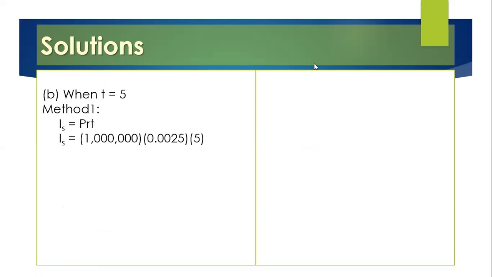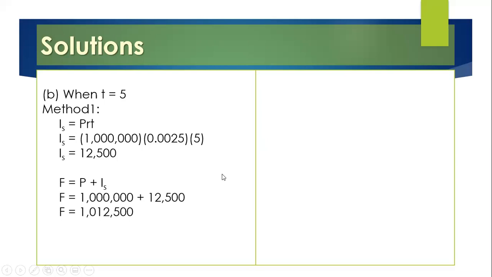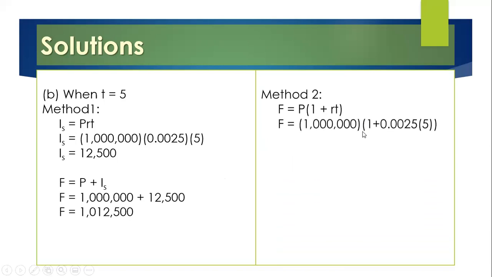Okay, for letter B, compute natin yung maturity value. Yung method 1, kinocompute niya muna yung simple interest or yung interest earned at saka palang ina-add dun sa principal value. So 1 million plus 12,500, that is 1,012,500. Pag naman method 2, direct formula, F is equal to P times 1 plus RT. Okay, that is 1 million times 1 plus 0.0025 times 5. So, ang naiba lang is yung T. Kanina po, this is 1 for T is equal to 1.